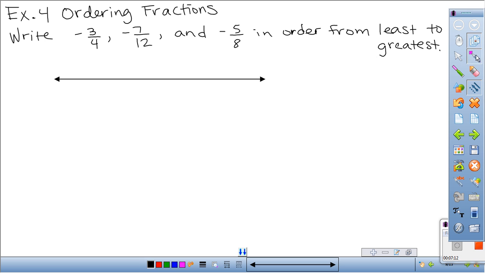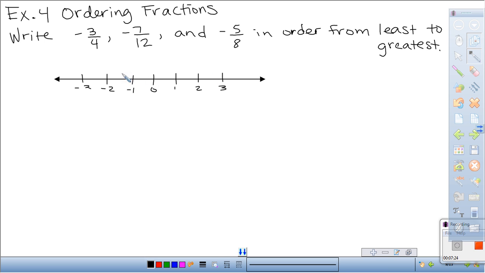So since these are all negative numbers, we have to have a pretty good understanding of the number line. Let's say this is 0, 1, 2, 3, and so on, -1, -2, -3, and so on. Now I know all of these are somewhere between 0 and -1. So the closer they are to 0, the bigger they are because they're closer to being positive.